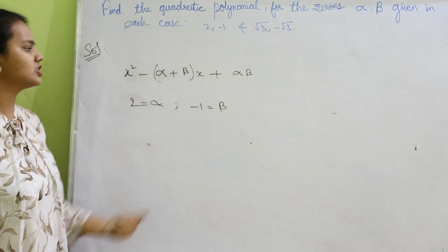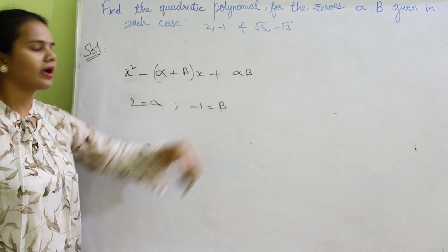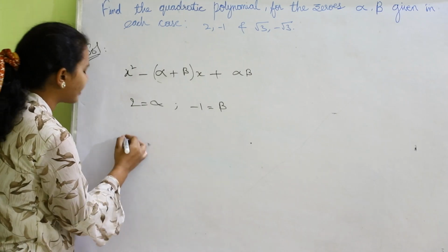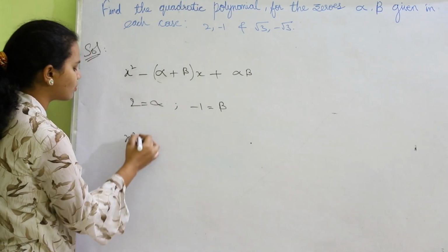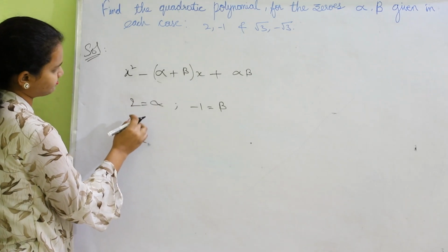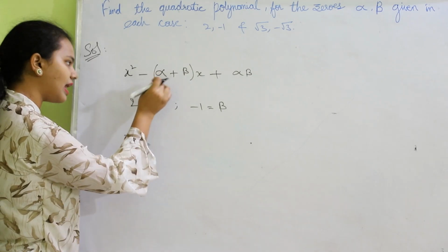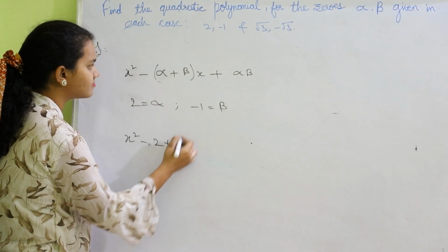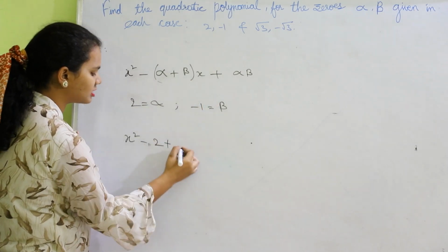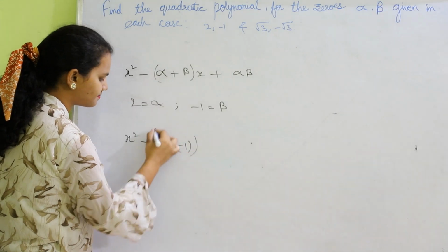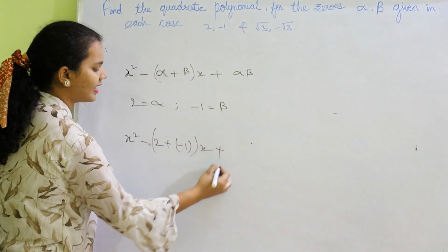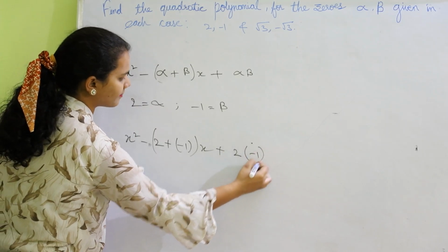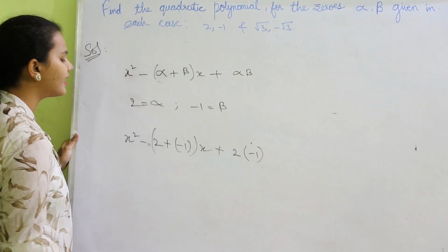So x square minus (alpha plus beta), where 2 plus minus 1, x, plus alpha into beta, which is 2 into minus 1. Clear?